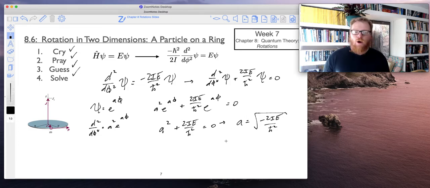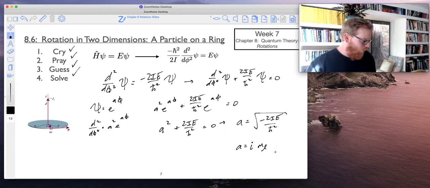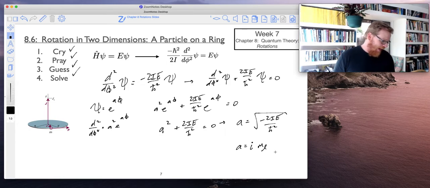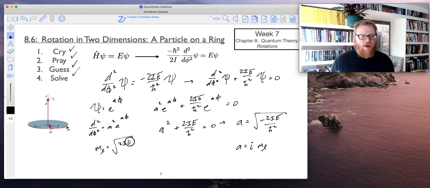I'm going to say that a equals i times m sub l. Why am I going to use m sub l? Well, as it turns out, this is really cool. We know this m_l right here equals the square root of 2IE divided by h bar squared.